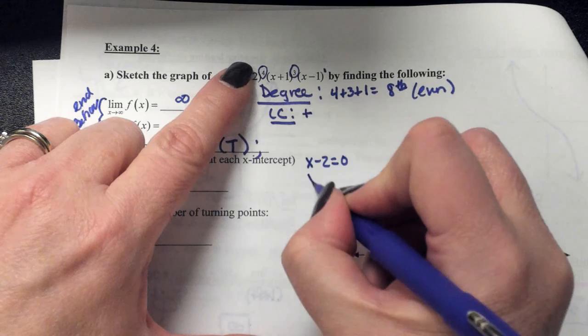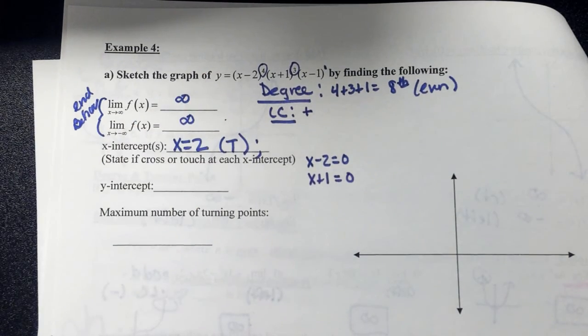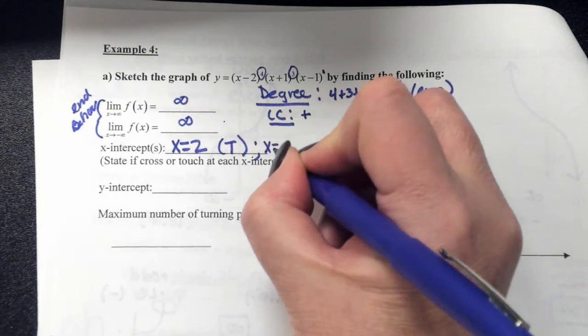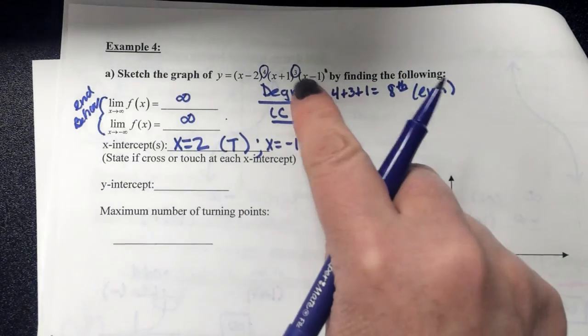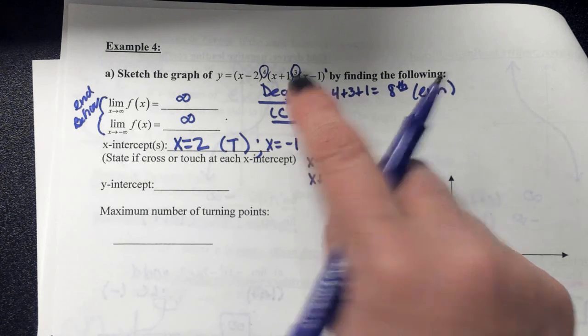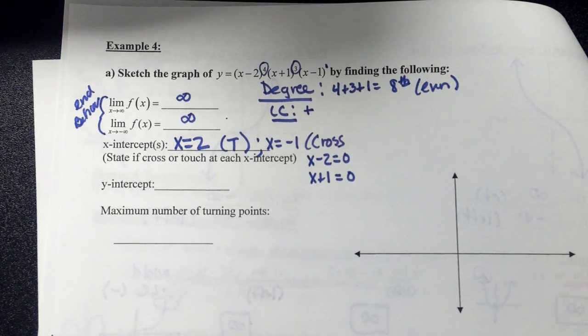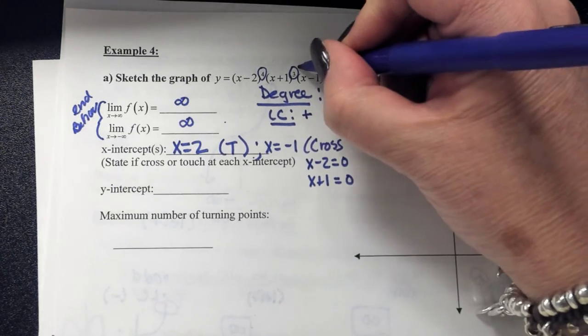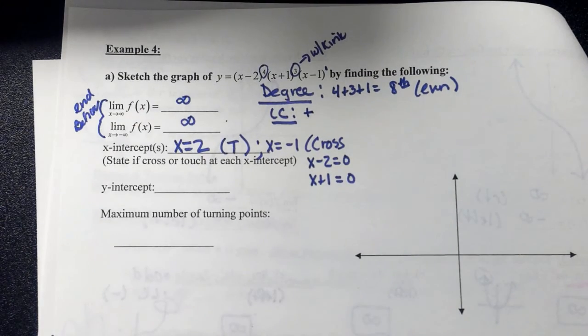My other factor is x plus 1. What's another x-intercept going to be? X equals negative 1. Because it's an odd degree multiplicity, is it going to cross or touch? Cross. Now, when you have a multiplicity that's odd and greater than 1, I like to say it crosses with a kink. Did they use a different word last year? It doesn't make a straight crossover.